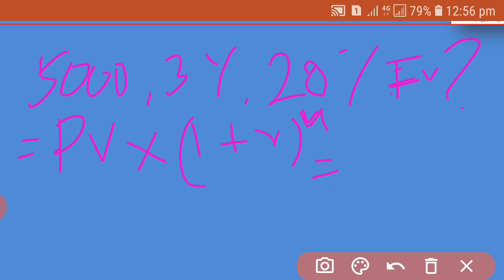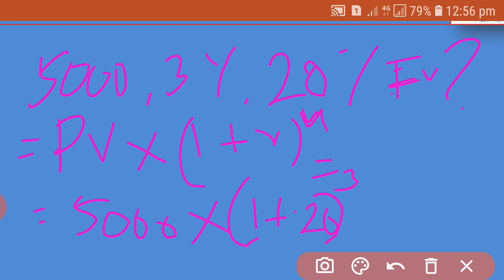Here it is equal to 5,000, the present value we are investing, into 1 plus R, the rate of return or interest, which is 0.20, all raised to N, the number of years invested, 3.